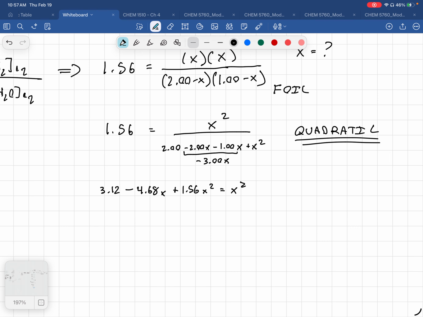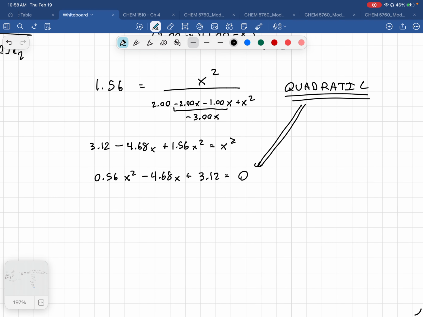Then if we rearrange this, we subtract 1x squared from both sides. We end up with 0.56x squared minus 4.68x plus 3.12 equals 0.